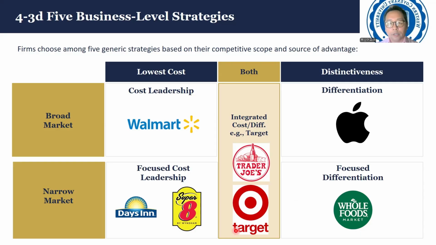Target does this through stylish products and a better shopping experience, while Trader Joe's does it through unique private label products and a fun store atmosphere. We'll take a look at this integrated strategy part later in the slides. Let's now examine each strategy in detail.